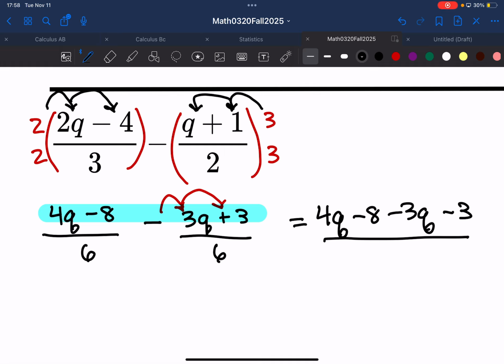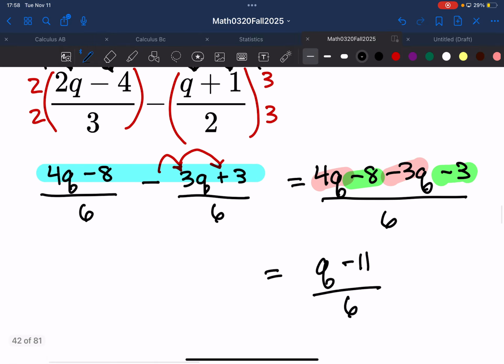This whole thing is over 6. And now I can look at this and combine like terms. So what could I combine first? 4q and negative 3q, which gives us q. And then what else? Negative 8 and negative 3, which is negative 11, all over 6.